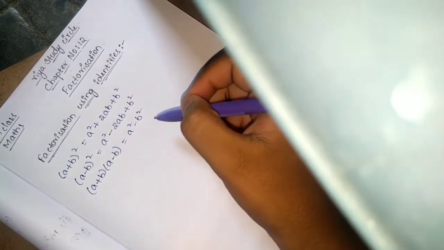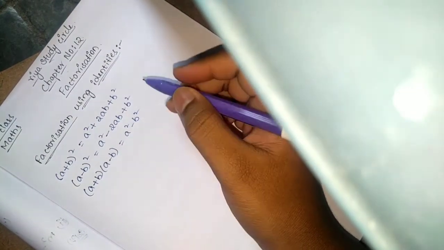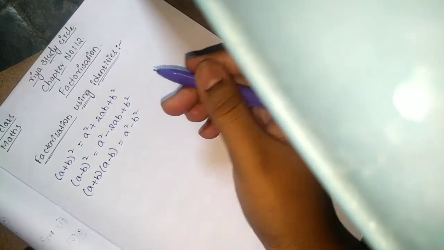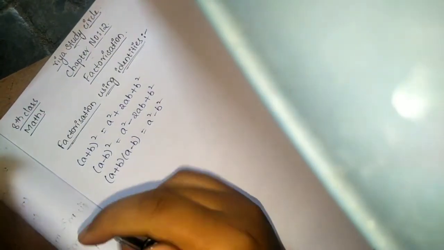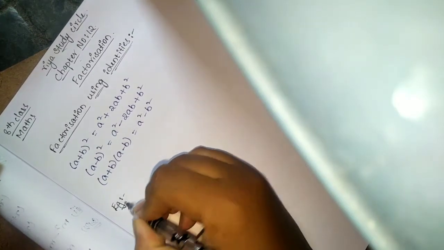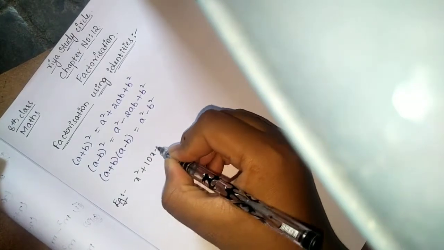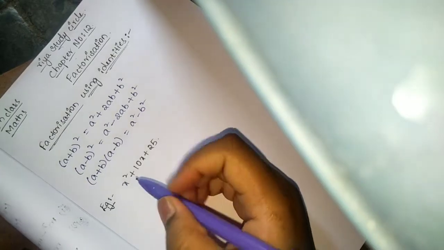So let's see how these 3 identities help to solve a problem. Let's take an example: x square plus 10x plus 25. Factorize this.